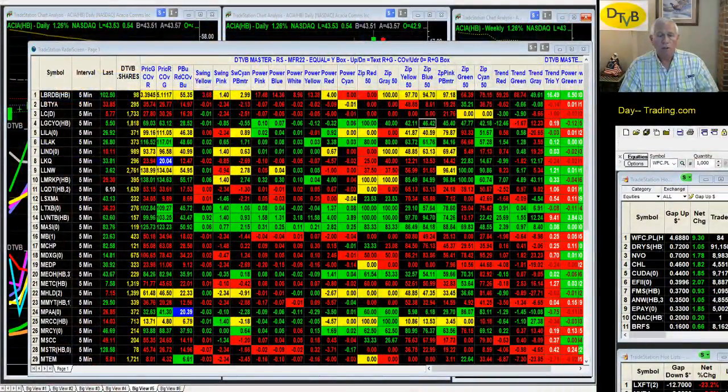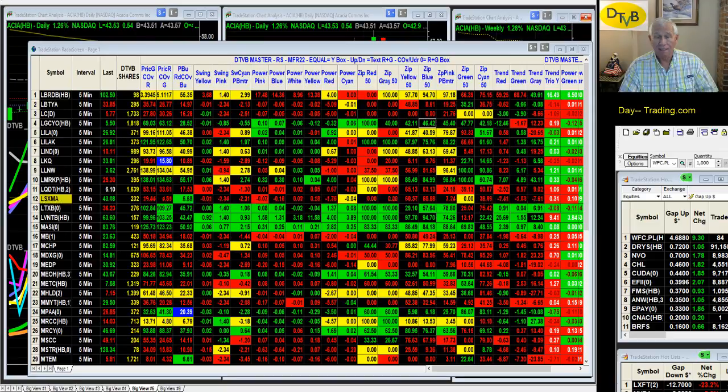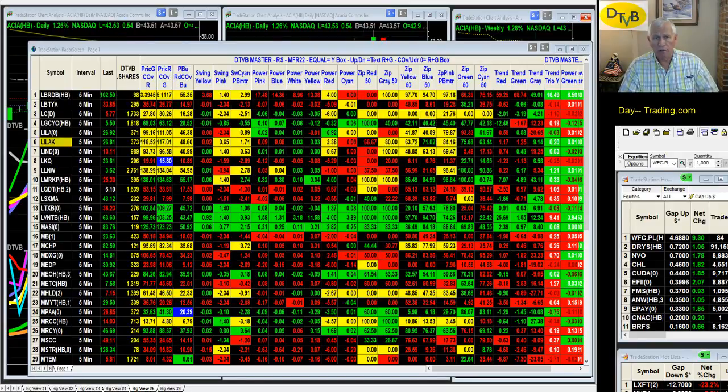And so in this particular example, I've got a radar screen alert, and this particular one is the master. It's actually a combination of three.